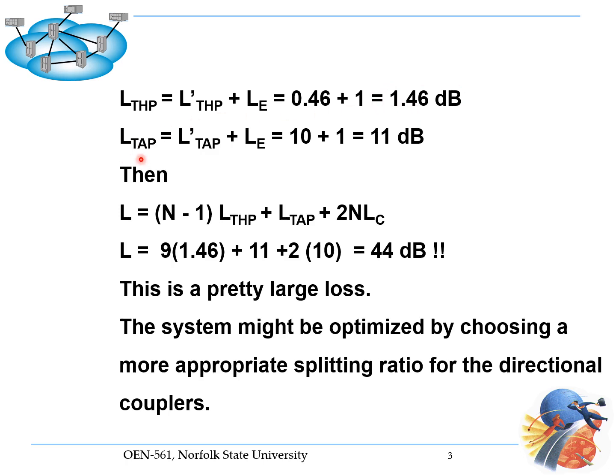The tap loss we calculate the same way. The actual real tap loss is ideal tap loss plus the excess loss, which is 10 dB plus 1 dB equals 11 dB. Then for total loss, we need to plug in real throughput and tap losses plus add the connector loss, and in our formula that we derived in the previous lecture, we have to add 2 times number of terminals times the connector loss, because each terminal has 2 connectors, one on each side.